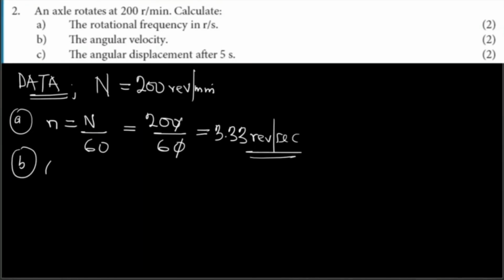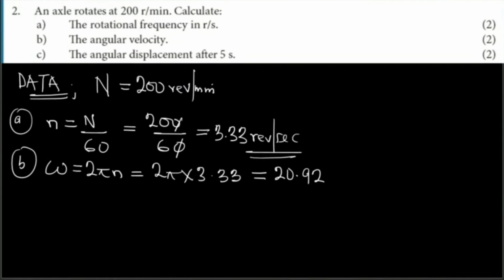The angular velocity is 2 pi n. So this is going to be 2 pi multiplied by 3.33. This will give us 20.92 radians per second.